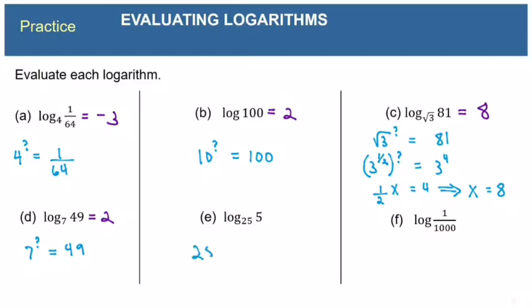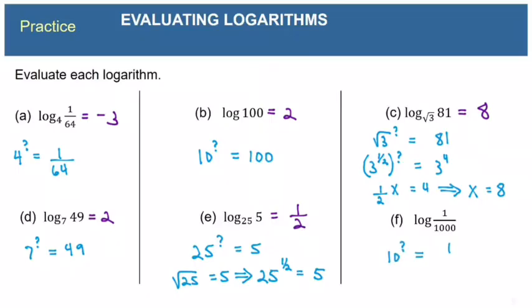So to write it in exponential form, we would say 25 to what power equals 5? Well, we know that the square root of 25 equals 5, and we know that the square root is equal to the 1/2 power. So 25 to the 1/2 equals 5, so the log base 25 that we're looking for is 1/2.